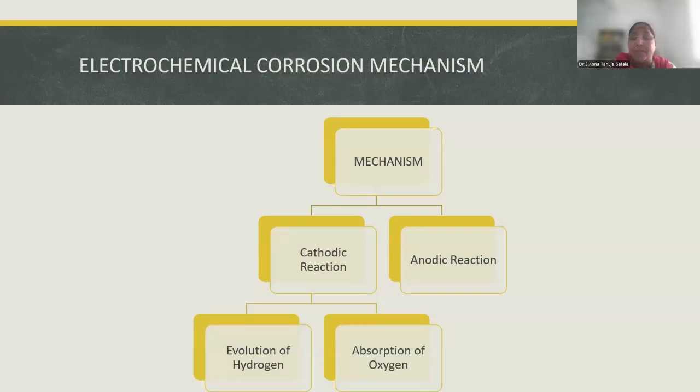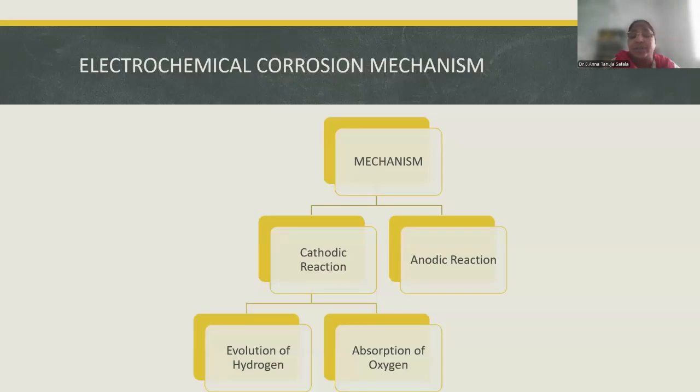Apart from that, simultaneously, another reaction will take place, that is the cathodic reaction. The anodic reaction in this electrochemical corrosion mechanism is common, but the cathodic reaction would vary depending upon the medium with which the metal is in contact, that is, the nature of the electrolyte.